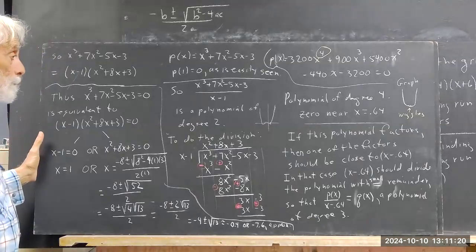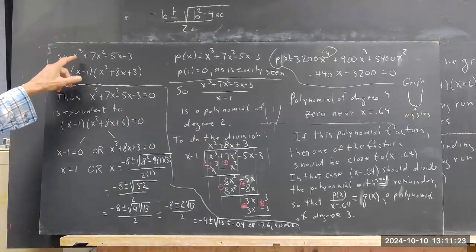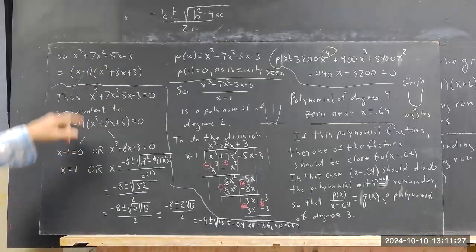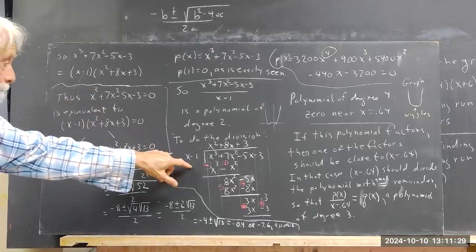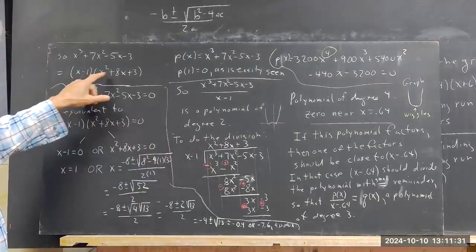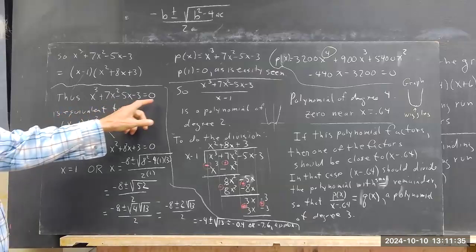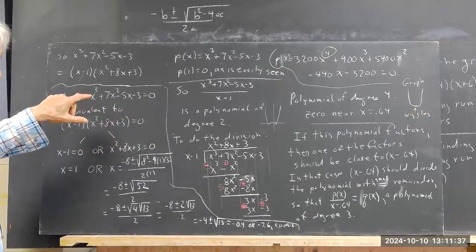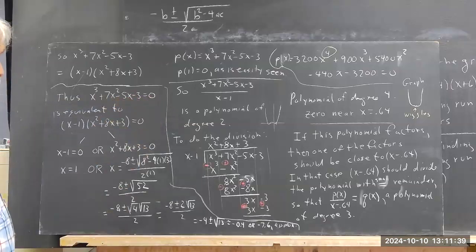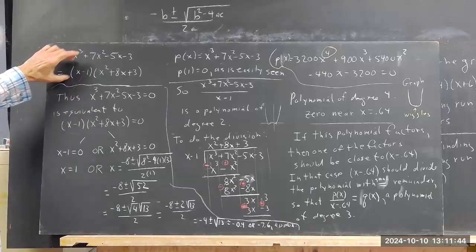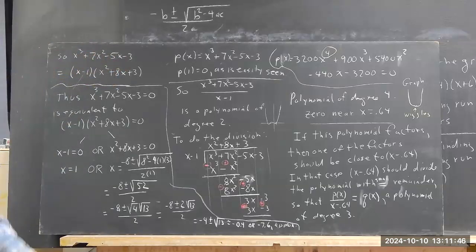All right. We then conclude that x cubed plus 7x squared minus 5x minus 3 is x minus 1 times x squared plus 8x plus 3. At that point, we can solve the equation, the polynomial is equal to 0. That's equivalent then to just setting this equal to 0.